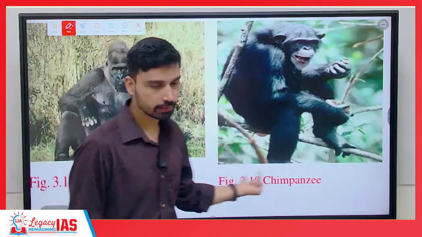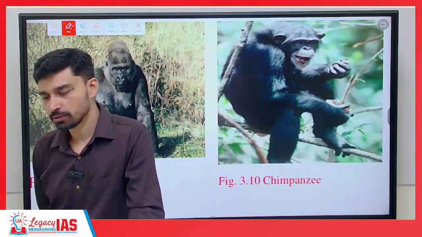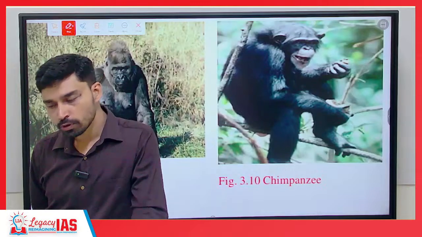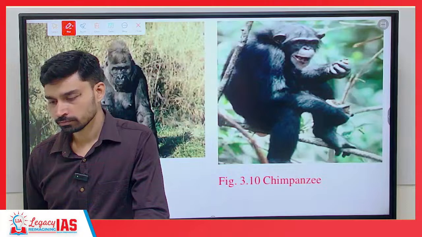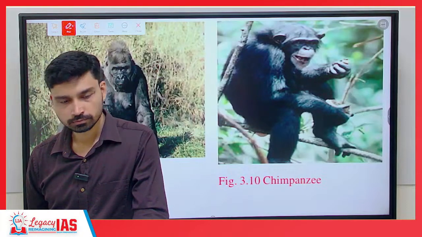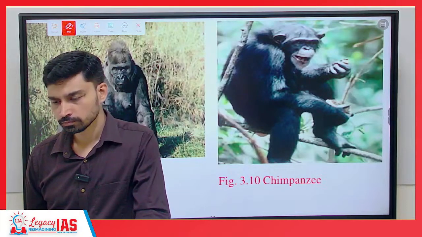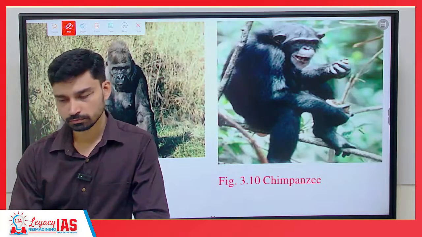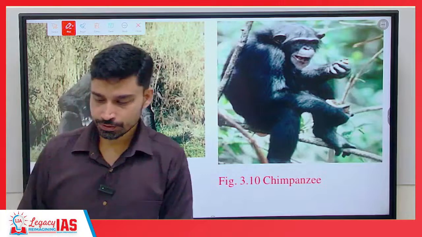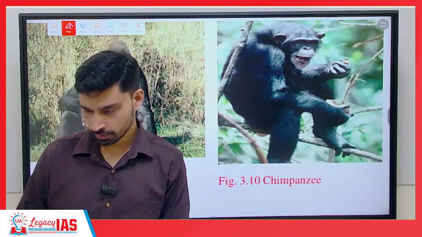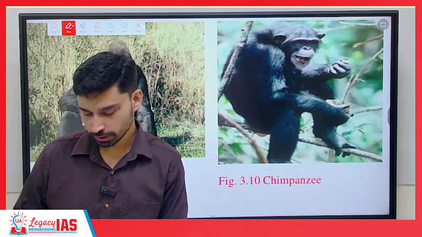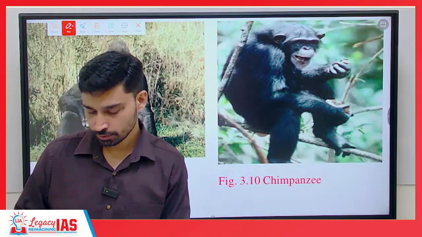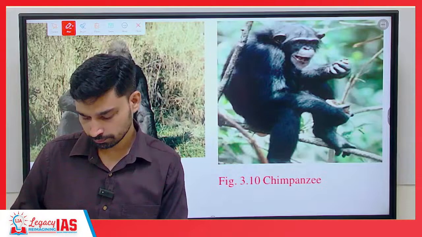So this first point we can make: more closer to humans than gibbons or orangutans. Average height is 5 feet. We are talking about average height of adults only. So average height is 5 feet.